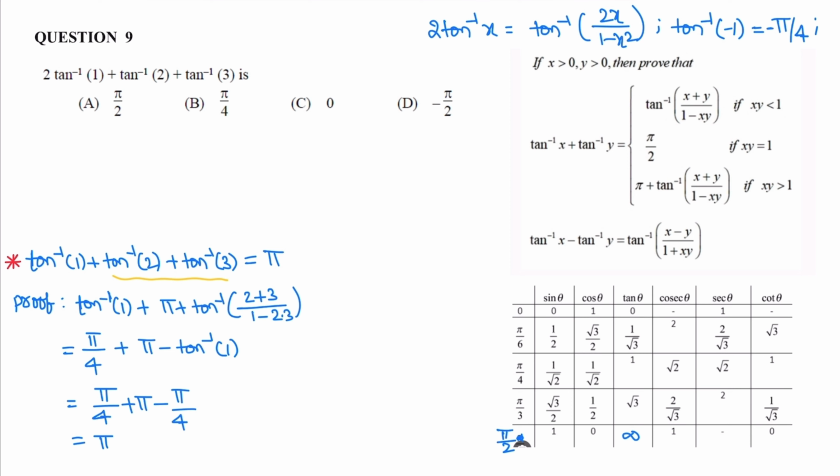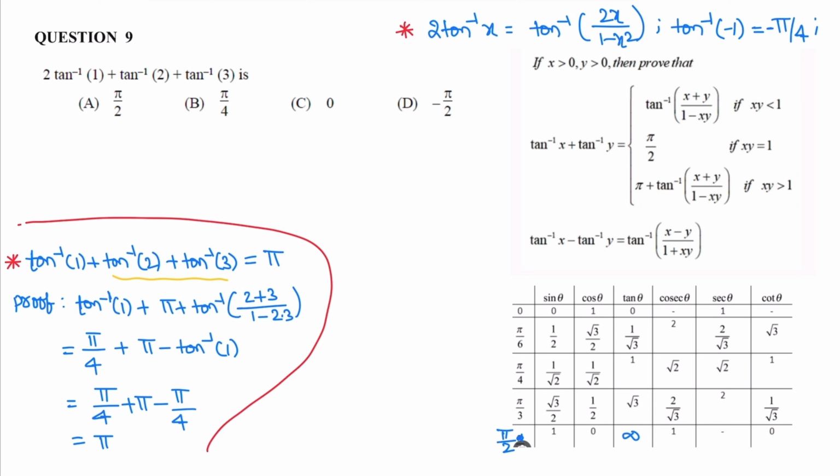Given the expression 2 tan inverse 1 plus tan inverse 2 plus tan inverse 3, we know that tan inverse 1 plus tan inverse 2 plus tan inverse 3 is pi. The formula for 2 tan inverse x is tan inverse of 2x by (1 minus x square).